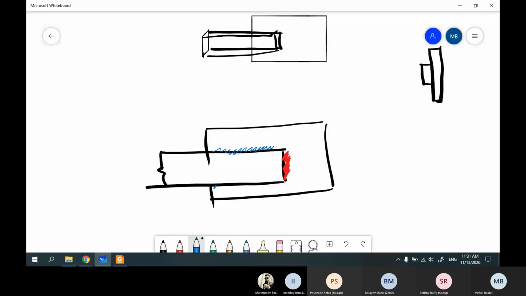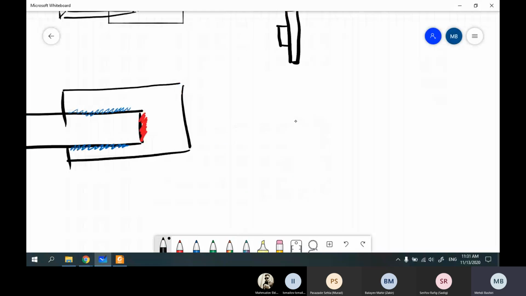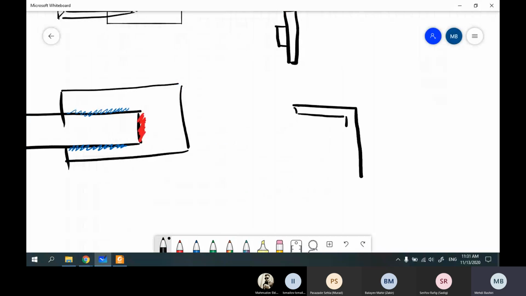Okay. If you remember, for this case we calculate U. In this case, this flange, this leg, sorry, is not connected to this plate.